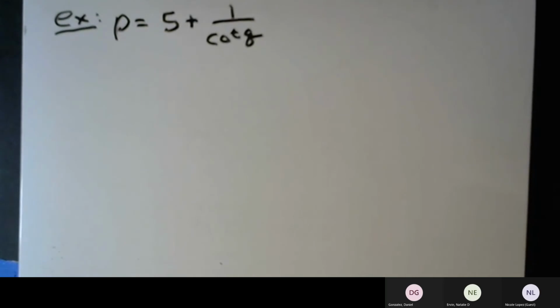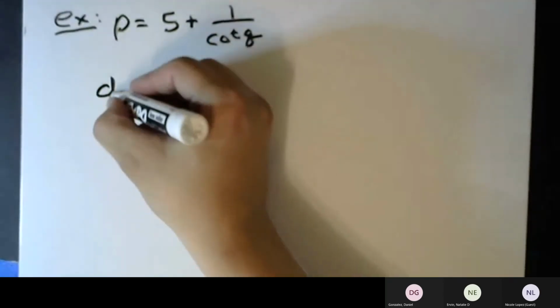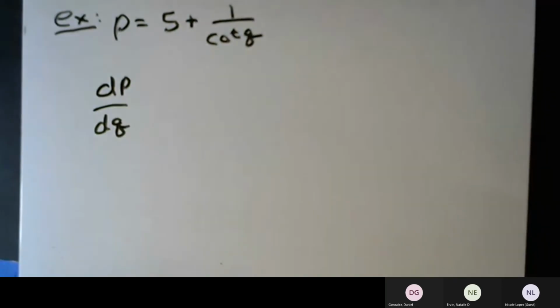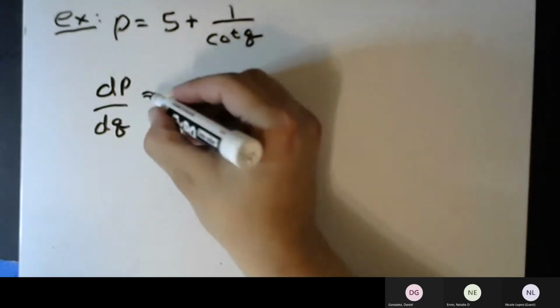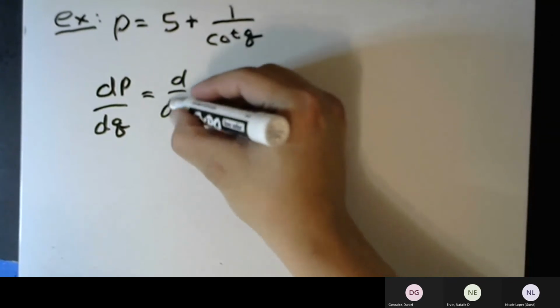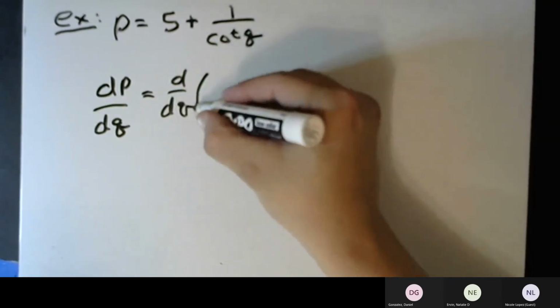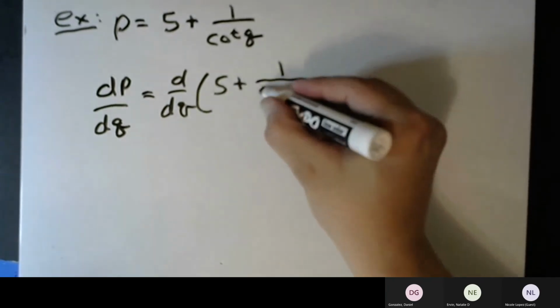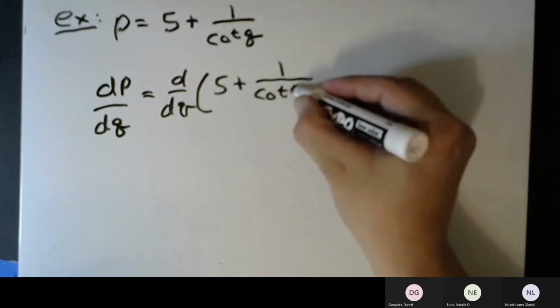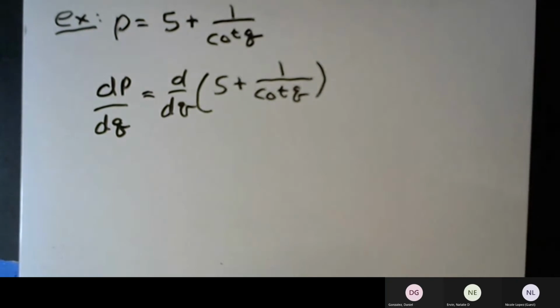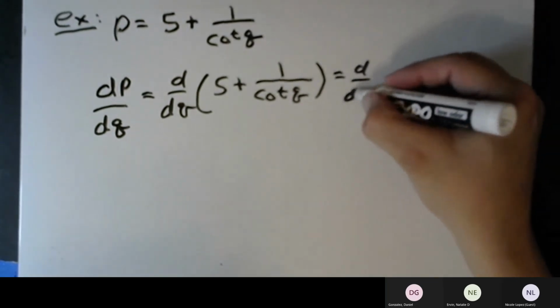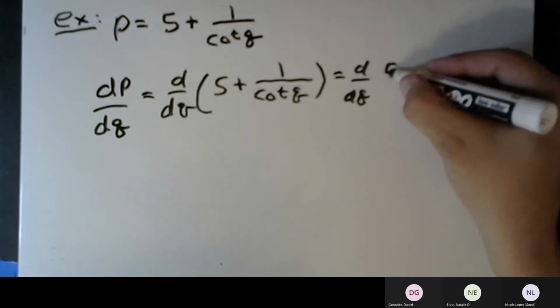So let's say we have this. We want to find dp dq. Well, what we'll get is d dq of 5 plus 1 over the cotangent of q. Again, the derivative of a sum is the sum of the derivatives.